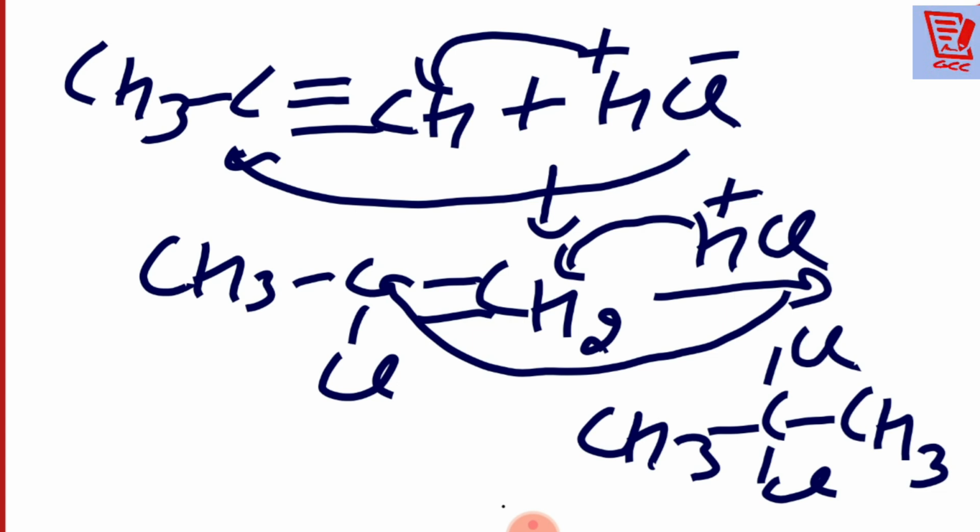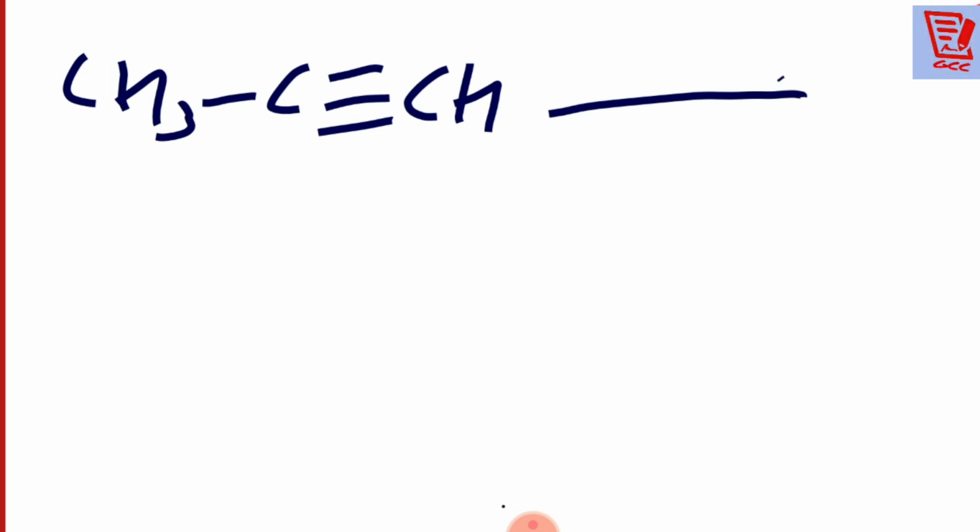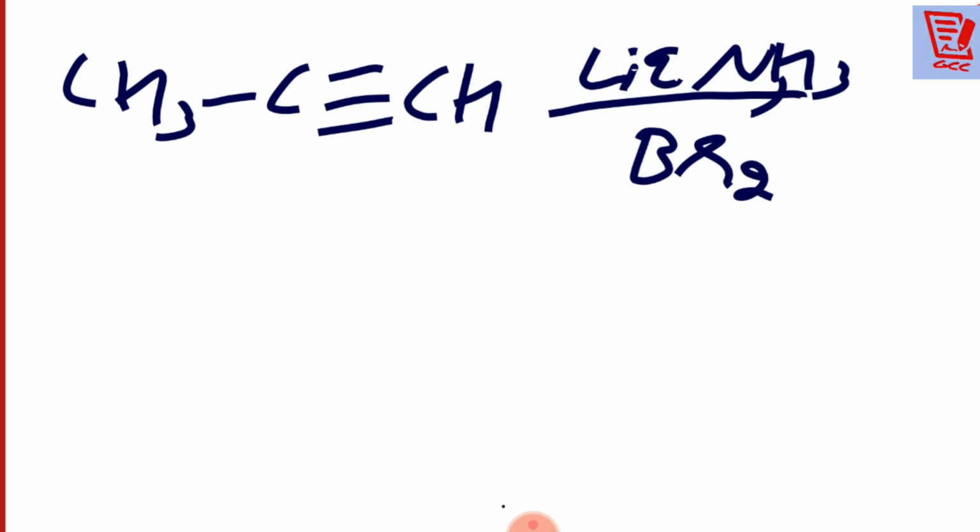This is what we have done with the alkyne. Same way, beta, we can also add a halogen here. How will we add the halogen? As we used in alkene, same way here also. CH3 C≡CH in the presence of liquid ammonia. Suppose I use Br2, what to do there?